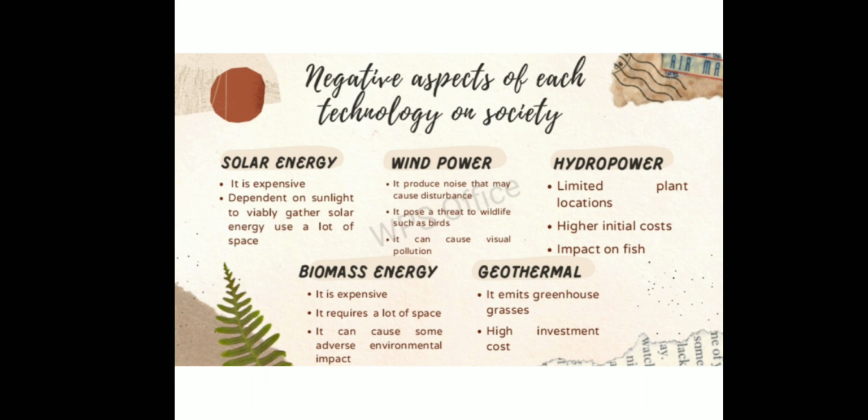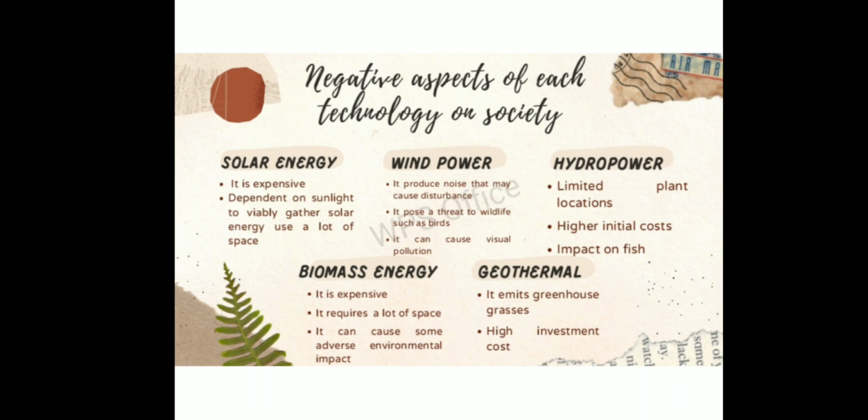Negative aspects of each technology in society. Solar energy. It is expensive, dependent on sunlight to gather solar energy, and uses a lot of space. Wind power. It produces noise that may cause disturbance. It poses a threat to wildlife such as birds, and it can cause visual pollution.